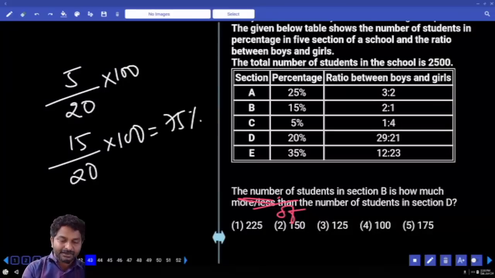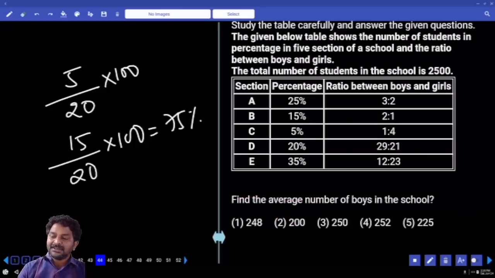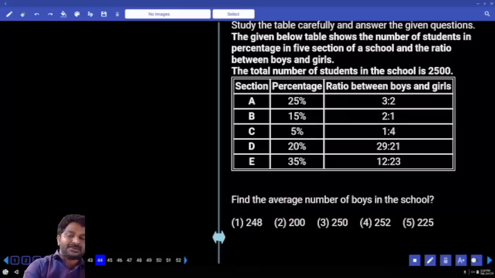Understood? Right. Find the average number of boys in the school. Number of boys. So we need to calculate how many boys there are. So now except this part, that is D, the remaining percentages are there. Let's convert into percentage.